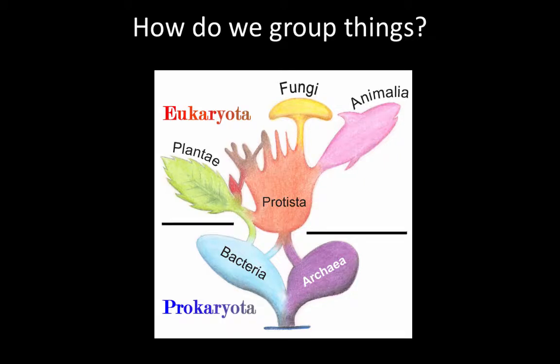Okay, so how do we group things? Lately, people came up with this new system of classification. They're no longer called kingdoms, they're called domains. And the domains are divided into two main groups, prokaryotes and eukaryotes.